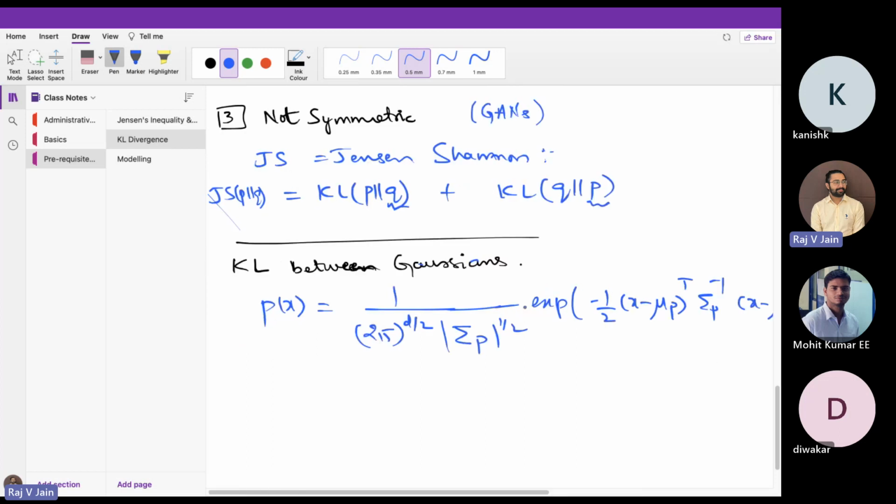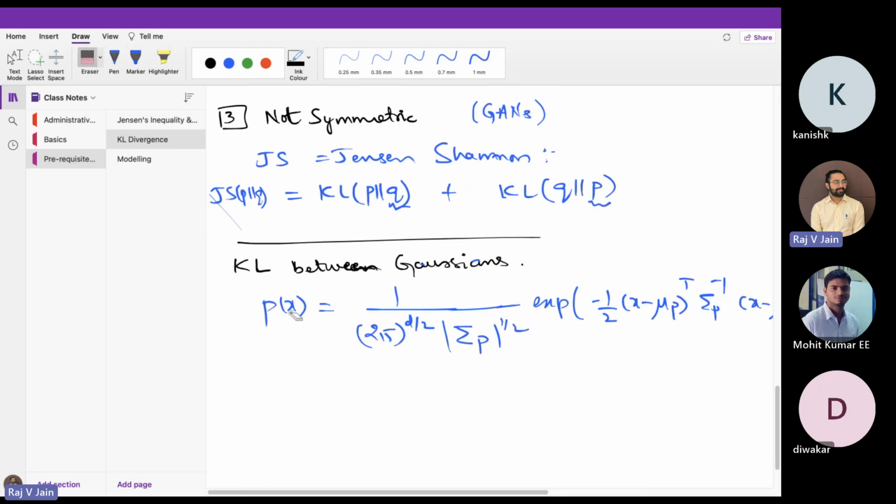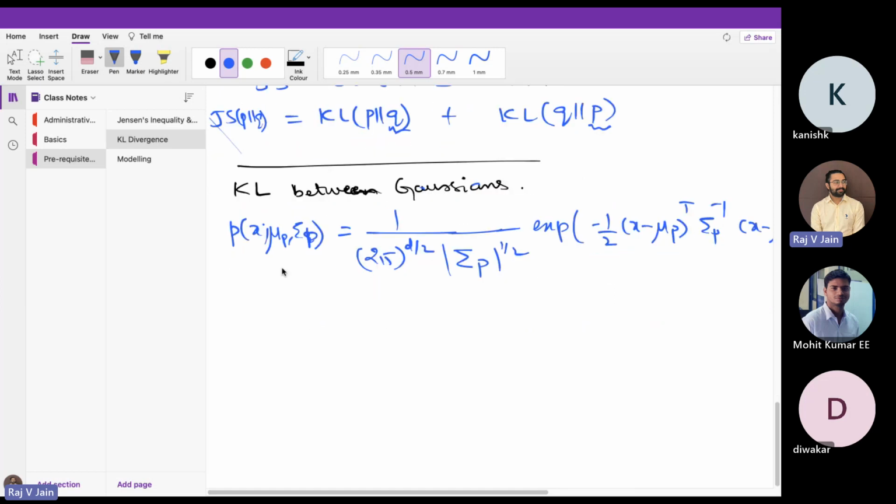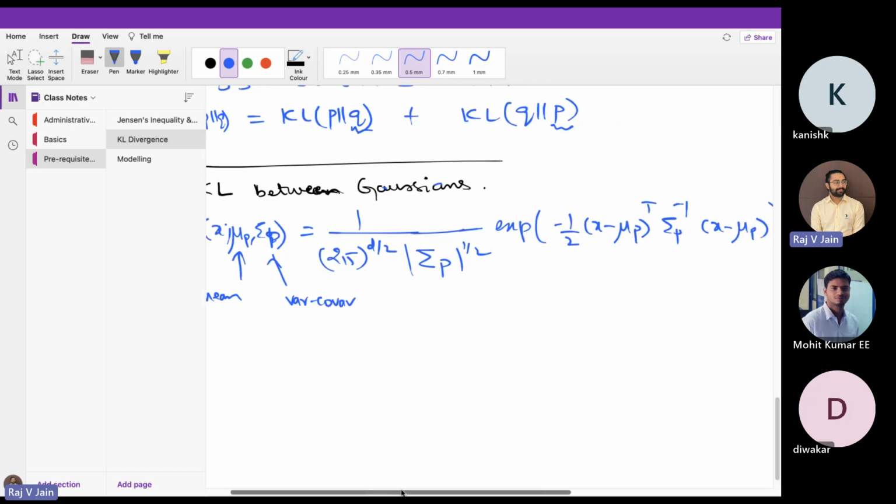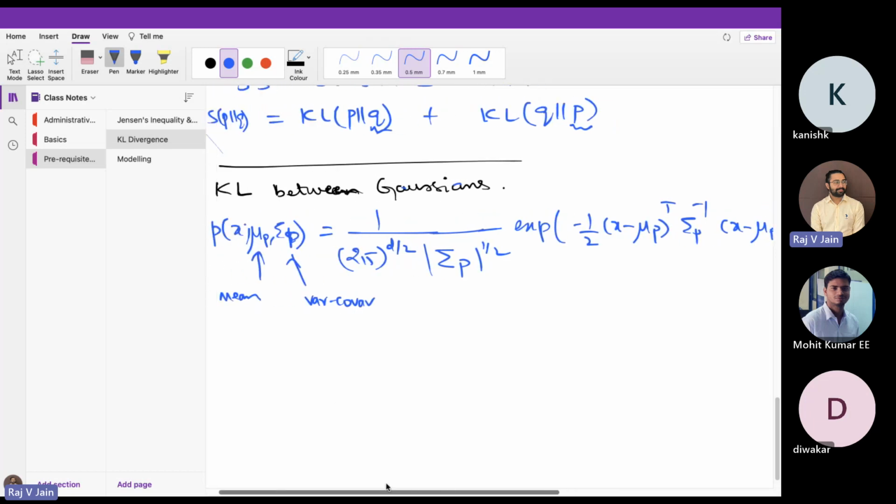A better way of writing this is probability of x given mu p, sigma p. So mu p and sigma p are basically the mean and the variance covariance matrix for this distribution P. So I have two parameters here.